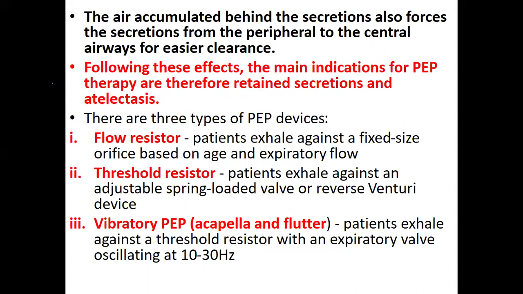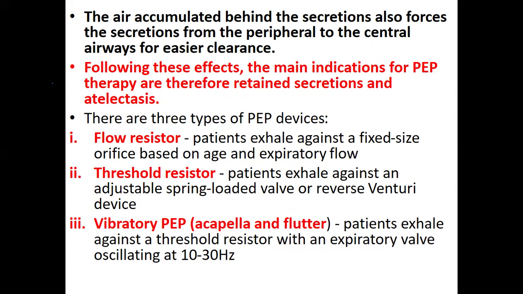So these techniques, the air accumulated behind the secretions also forces the secretions from the peripheral to the central airways so that now the other techniques, like the coughing techniques and forced expiratory techniques, can clear the secretions from the central airways.